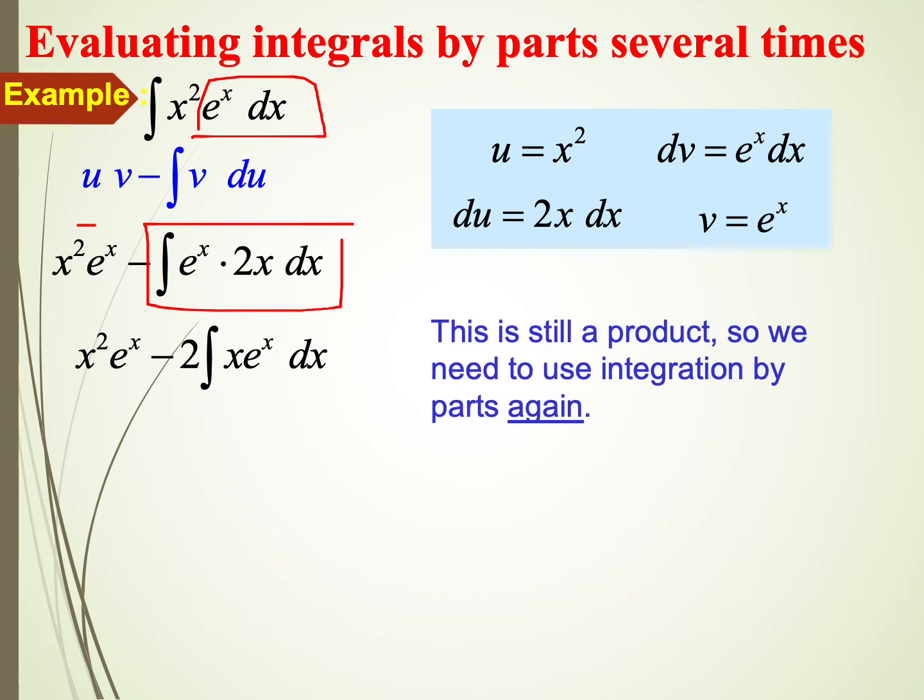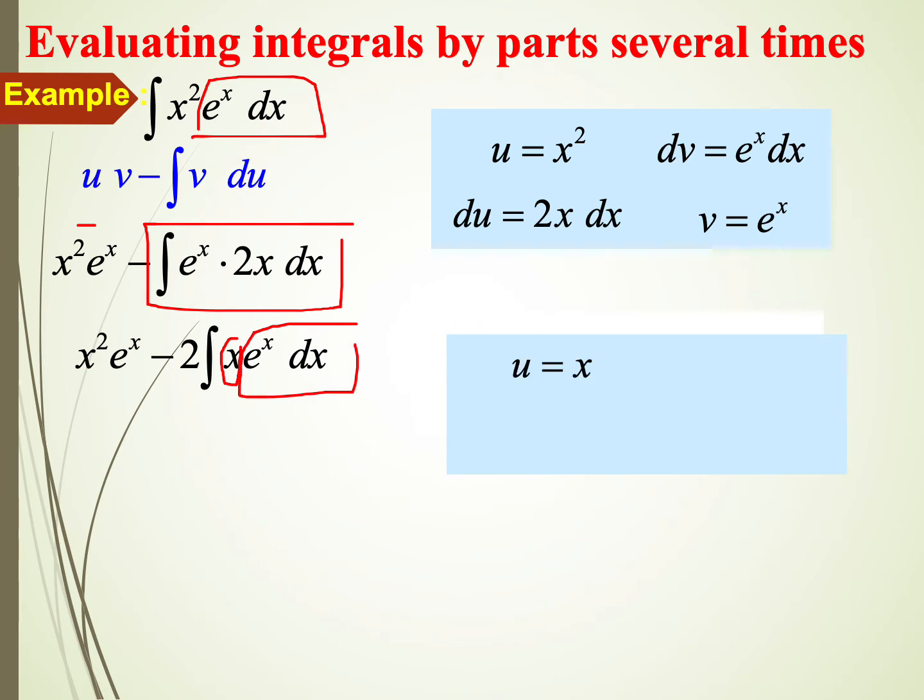Again I have algebraic, which is u, and the remaining will be dv. So u is x. That means du will be dx, and v is the exponential itself. And I apply the integration by parts again, but only for this new integration.